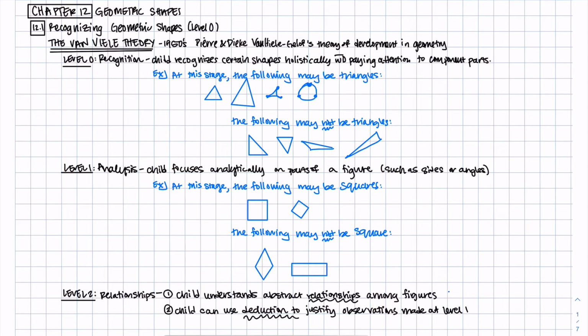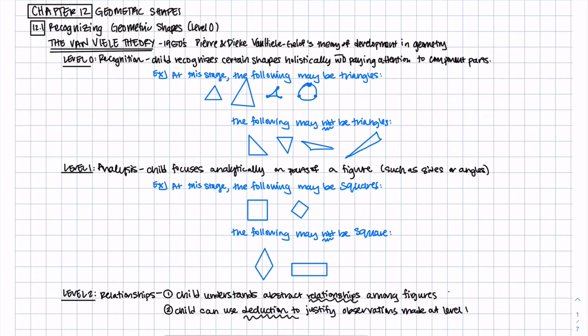So at this stage, a child might be able to recognize these two things as squares, whereas this square that was turned, the student may not have been able to recognize as a square at level 0, even though it in fact is a square.